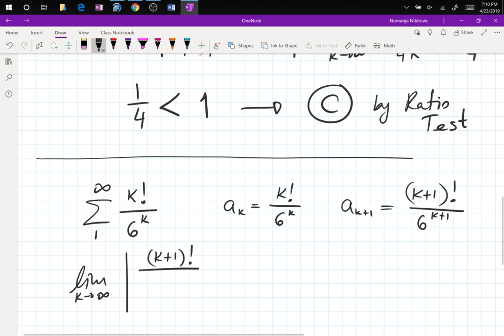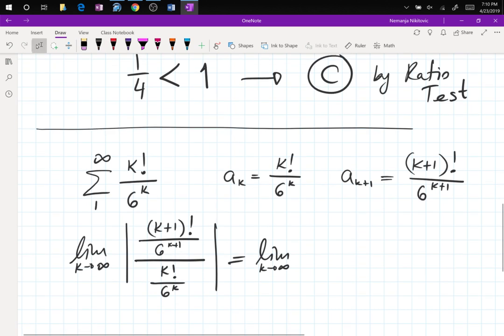So this one, 6^(k+1), divided by k factorial over 6 to the k. Now, I know that you are going to start skipping a whole bunch of steps, which is okay. You can immediately peel off (k plus 1) times k factorial.